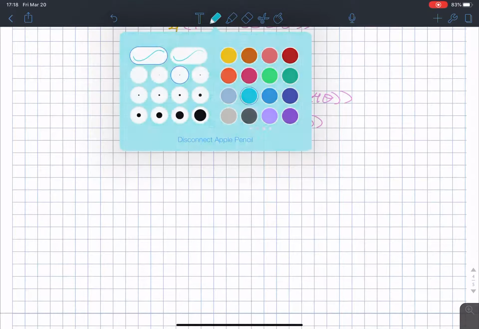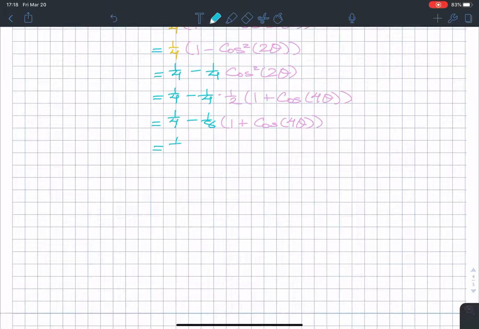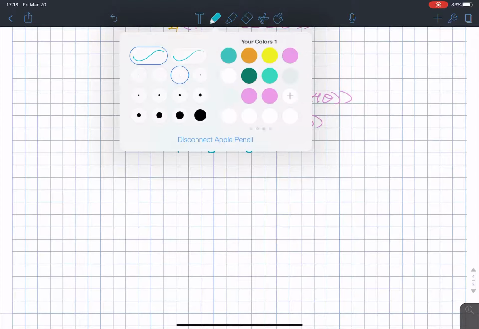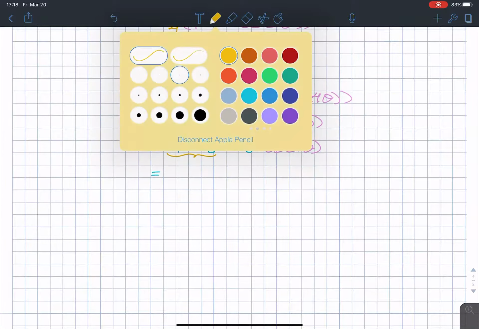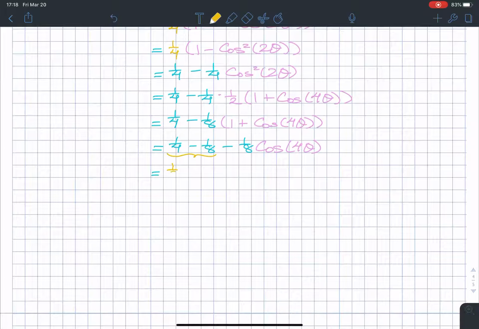And I can go ahead and distribute. So what I get then is 1/4 minus 1/8 minus 1/8 cosine of 4 theta. Combining the first two terms, 1/4 is 2/8, so 2/8 minus 1/8 gives me 1/8 minus 1/8 the quantity cosine of 4 theta.